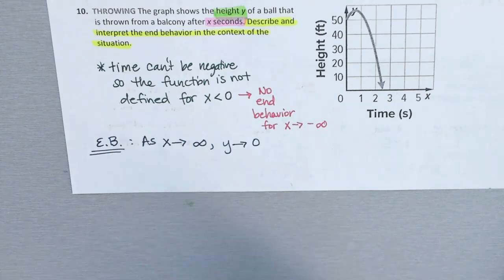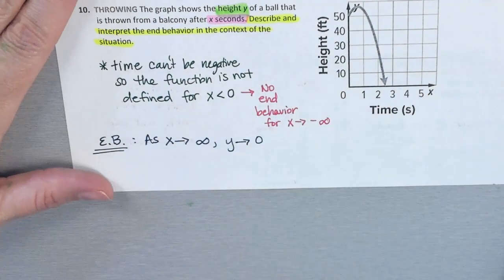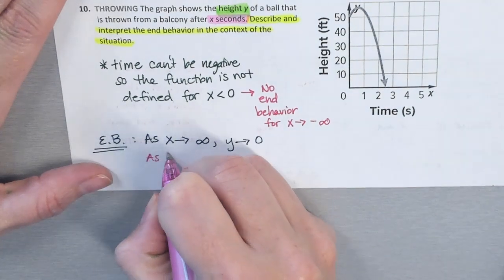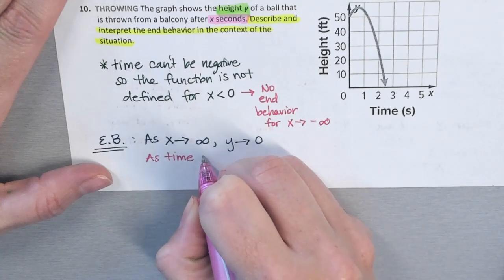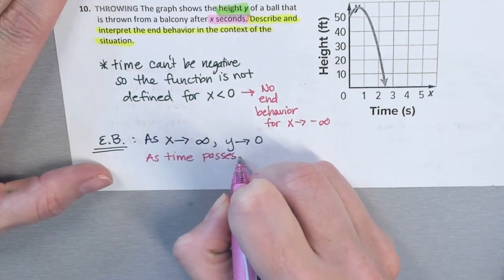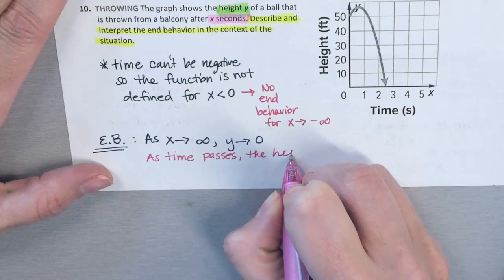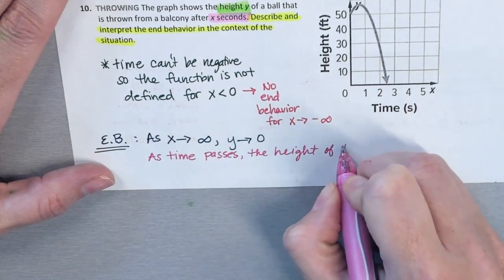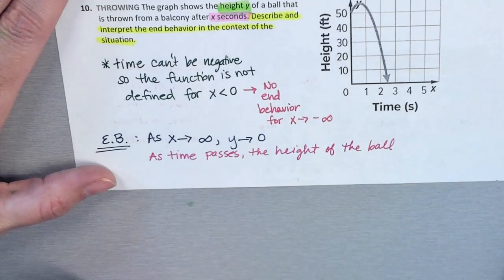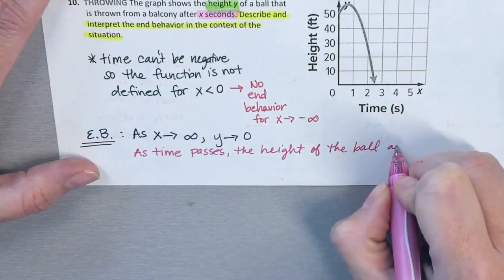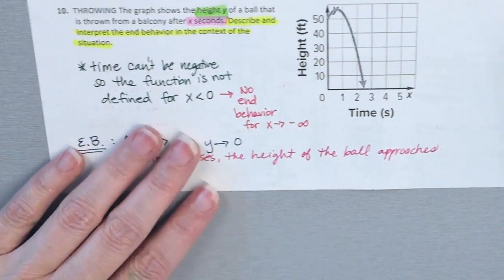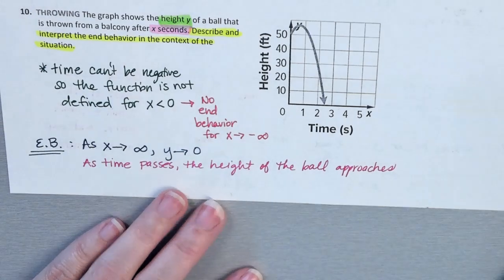Now we're going to do the interpret part. Okay, so that's like, what does this mean in context of the situation? So we know that t is the time. So we can say as the time passes, the height of the ball approaches, and you guys already told me that it approaches 0.